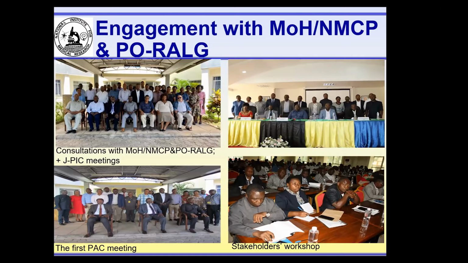The top right and top bottom are the pictures of the first ever workshop we did with all the stakeholders from the 13 regions in Tanzania, which are involved in the implementation of the project. And top pictures for regional administrative secretaries who are like prime ministers of the regions who attended, and we're happy to have that. And the top right, the bottom left is the first meeting of the Project Advisory Committee, which we had last May. Next.